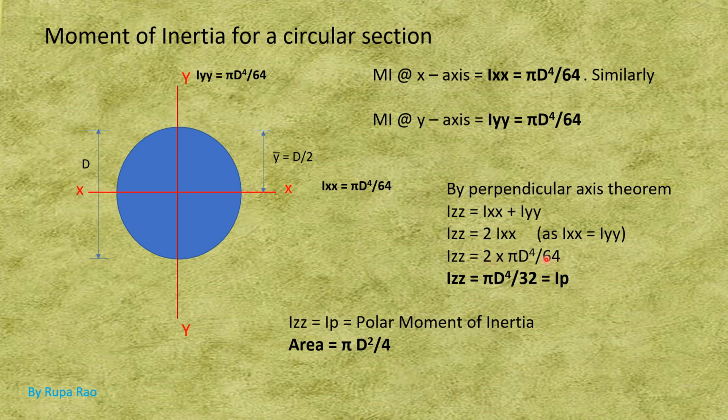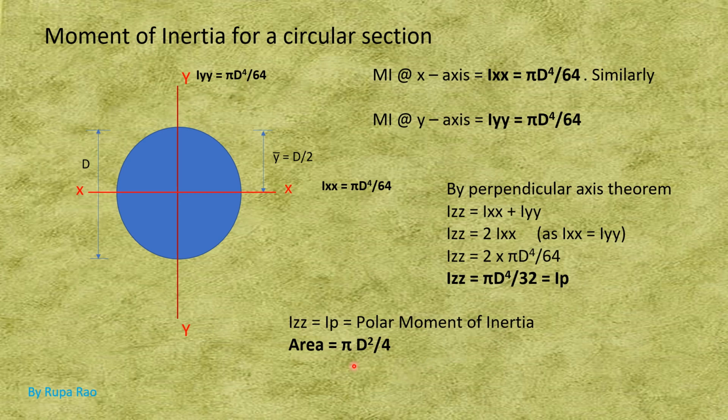Now this 2 and 64, when we cancel it, 64 will become 32. So pi d raised to 4 divided by 32 will be Ip or Izz. So Izz is also called the polar moment of inertia, Ip.